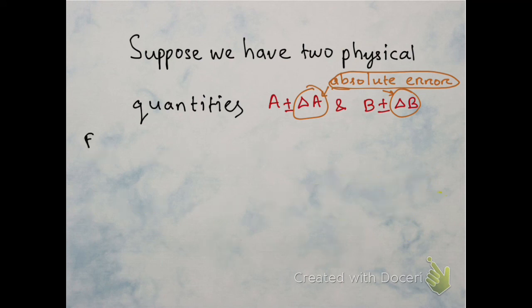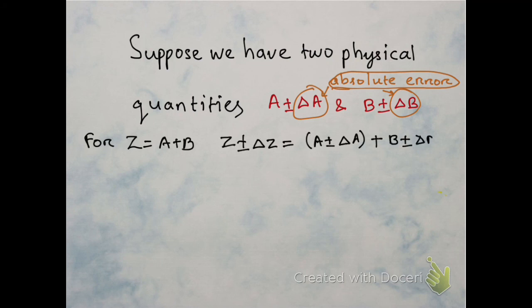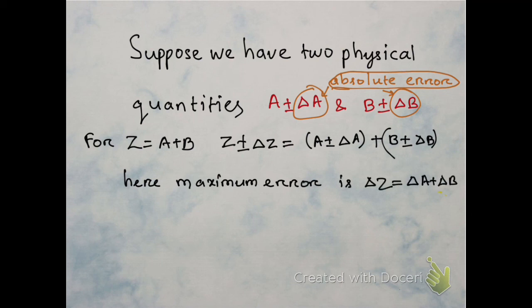For Z equals A plus B, Z plus delta Z, which is associated with the error we are going to determine, will be A plus or minus delta A plus B plus or minus delta B. If you take the maximum value difference between these two terms, delta Z equals delta A plus delta B. So the maximum error in Z will be delta Z.